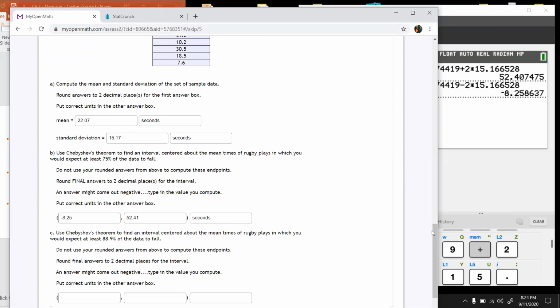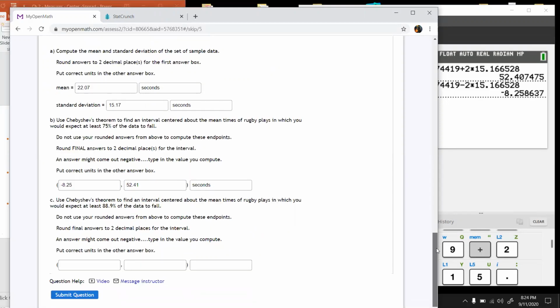Okay, now moving on to the next problem. It's the same type of problem. They tell us to use Chebyshev's theorem to find the interval centered about the mean times of rugby plays in which you would expect at least 88.9% of the data to fall. So right here you have the 88.9% of the data.